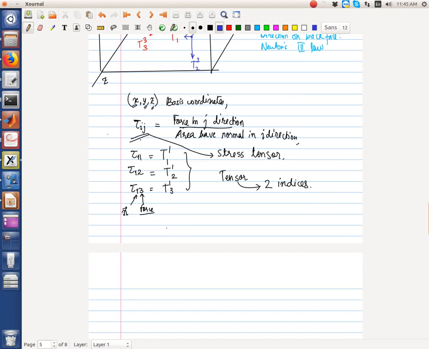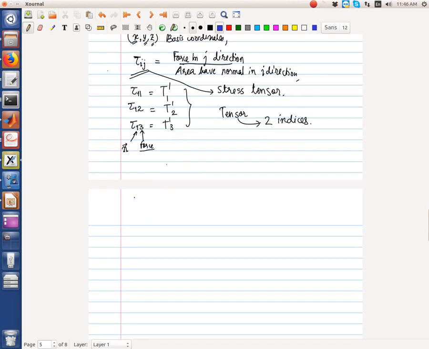The first index represents the direction of the normal vector to the area, and the second index represents the direction of the force. So now we are interested in knowing how to represent a force acting on an area in any arbitrary direction in terms of the stress tensor components.